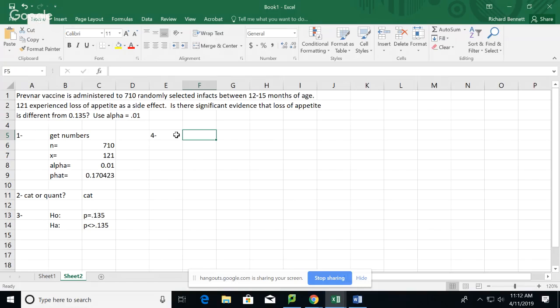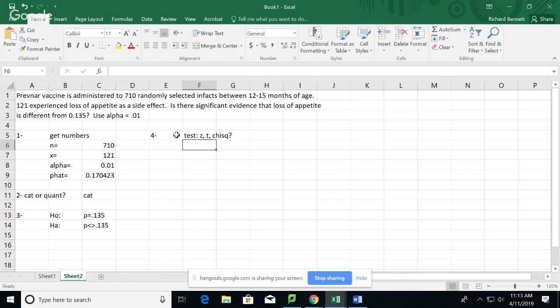All right, step number 4 is what, Gage? Type of test? Is it a Z, a T, or a chi-square? Braden, what do you think?